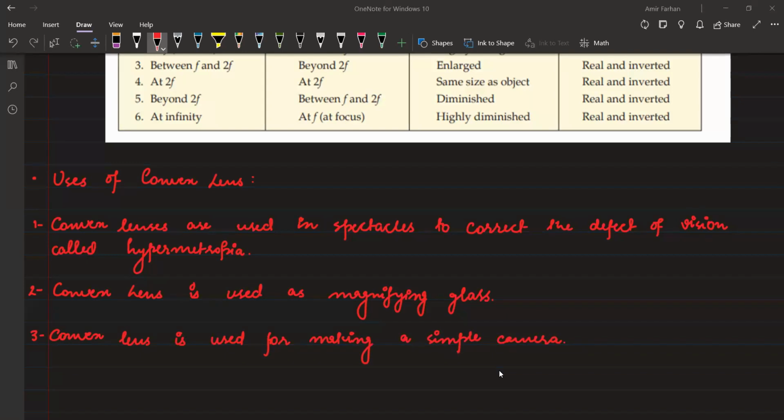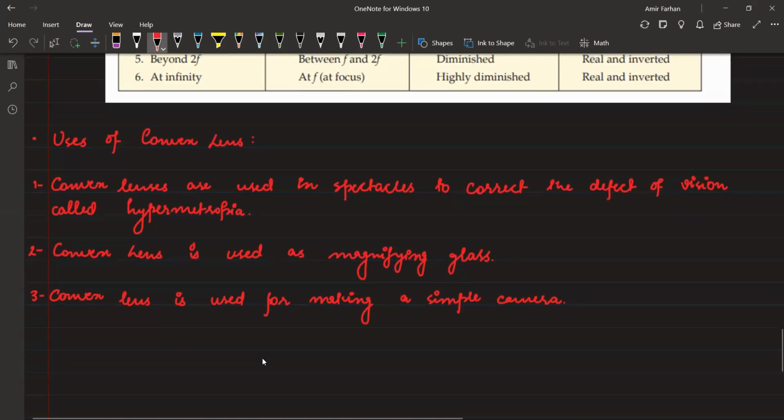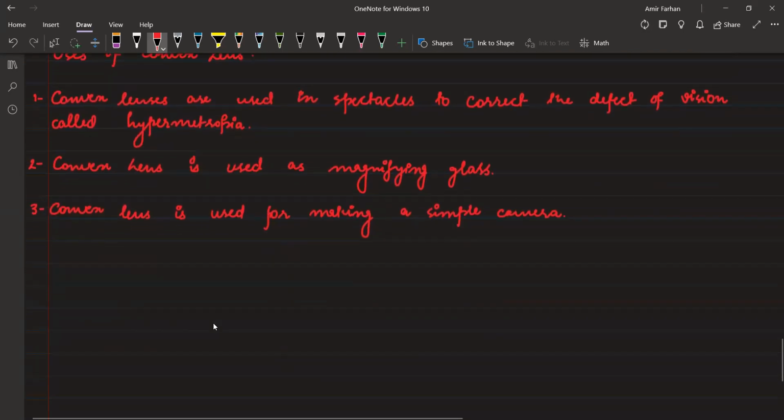Clear, everyone? Yes, sir. Any doubt to anybody? Please let me know. No, sir. Okay, so let's understand the next topic, that is the concave lens.